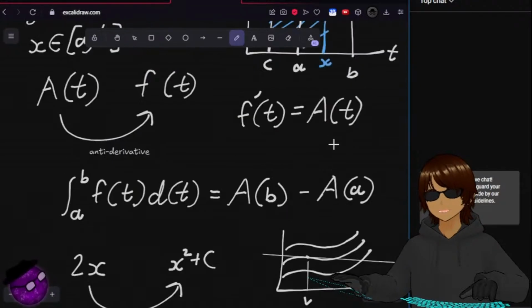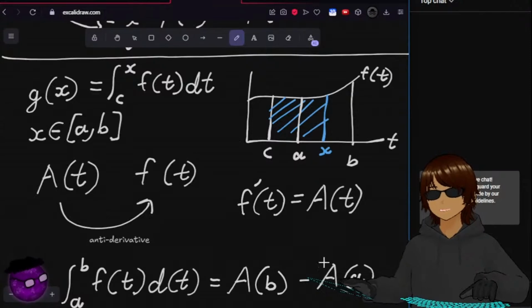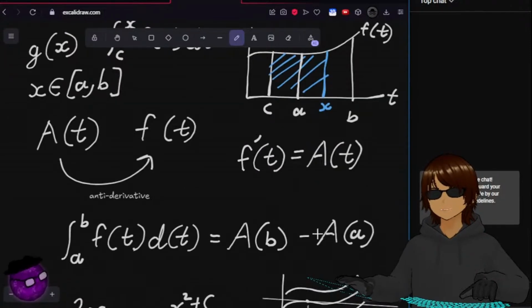And the antiderivative, in terms of integral, basically means we know the endpoint of the area is b, but we don't know the starting point. So the starting point could be anywhere. The endpoint is over here. So the antiderivative at b gives the area from an unknown starting point to b. The antiderivative at a gives the area to a, but the from is unknown.